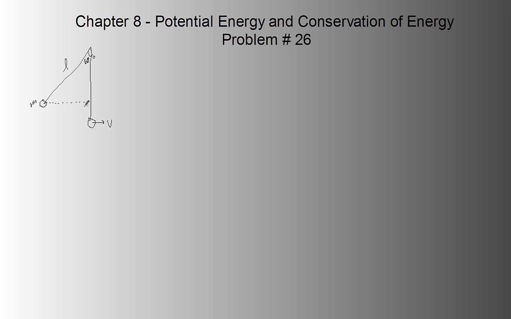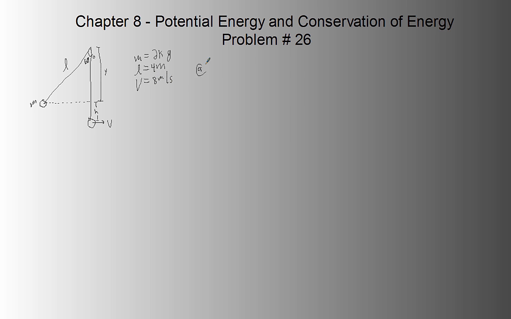It doesn't say anything about this in the problem, but we're going to call this h from here to here, and we're going to call this y. We're also given that m is 2 kilograms, L is 4 meters, and v is 8 meters per second. That's the velocity at the bottom.